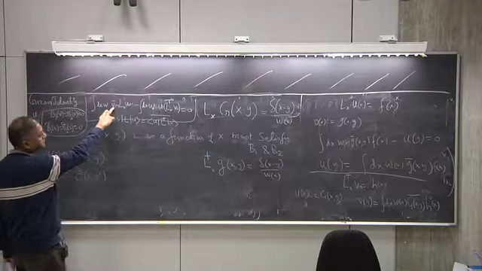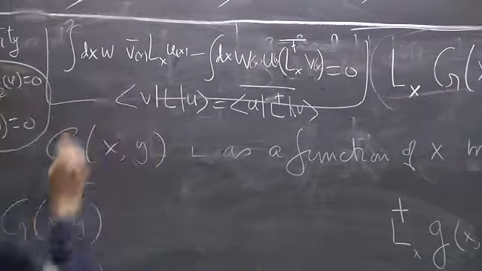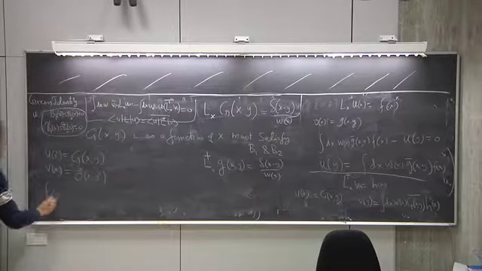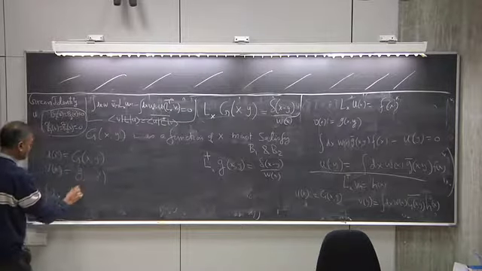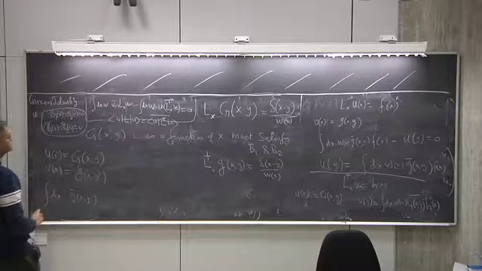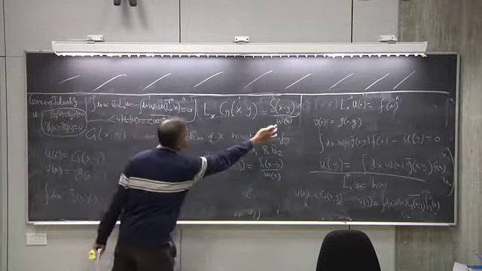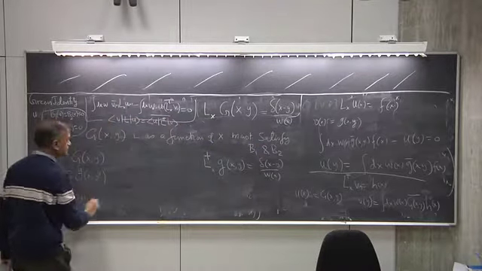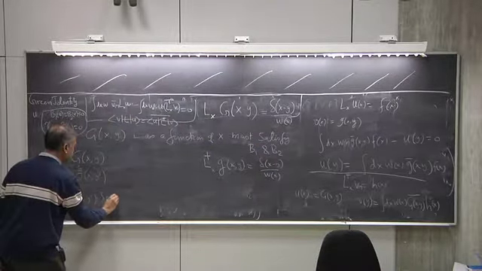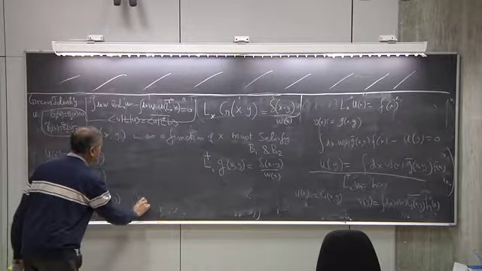And that integral simply gives me, let me do it in two steps. When I substitute that, I will get dx, the v bar x, which is g bar of x, y prime, and then Lx of u, which is that. The weight functions cancel, so that's why I didn't write the weight function, and you get here delta x minus y, minus dx.